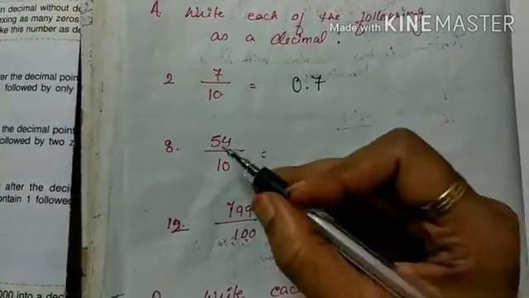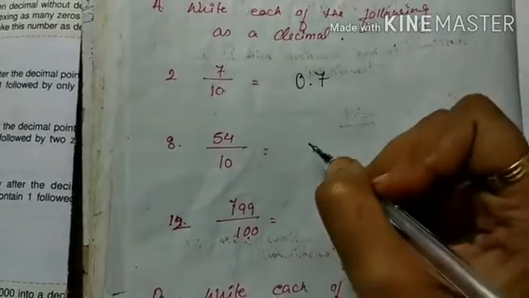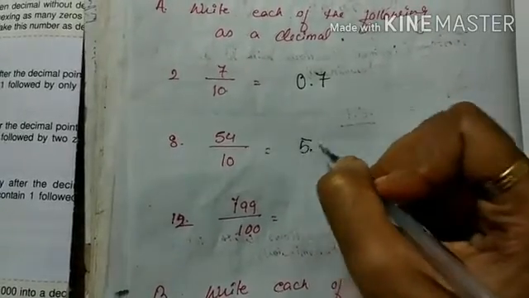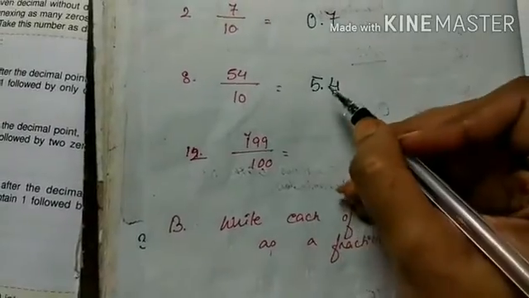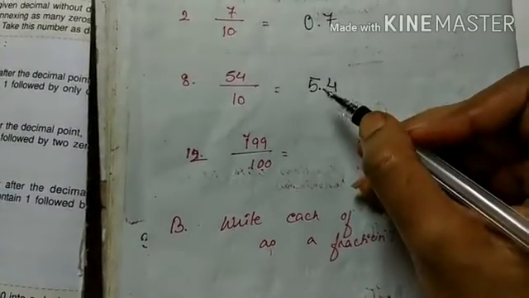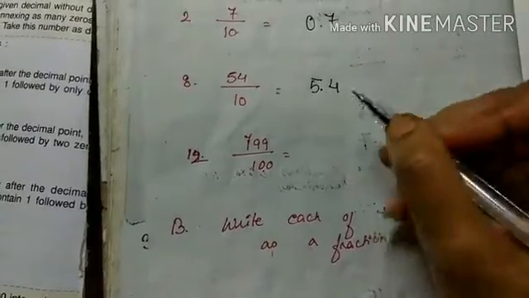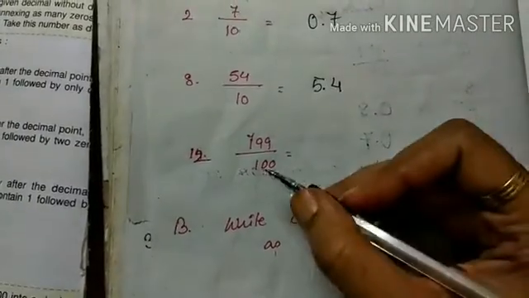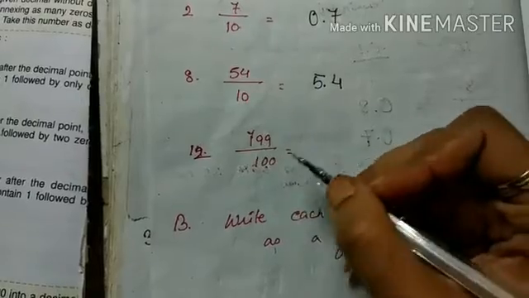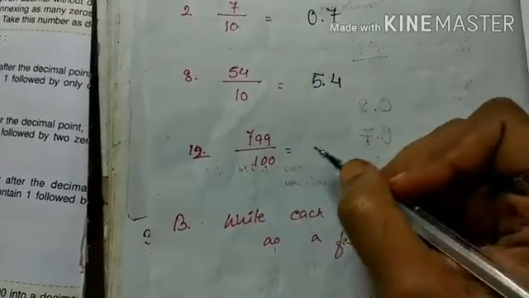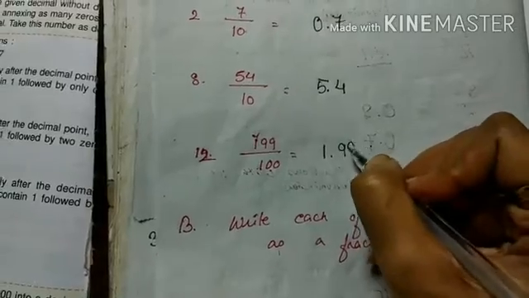Again here 54 by 10, it is also 1 place of decimal, so we'll put the decimal point here, 5.4. Here it is 199 by 100, so 2 places of decimal, so 1.99.